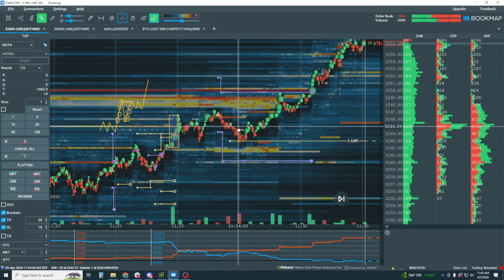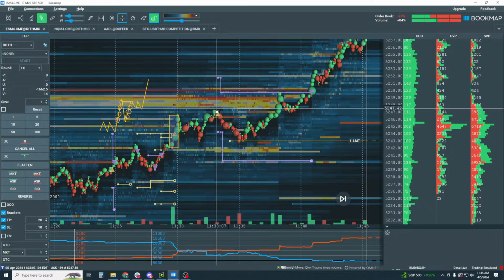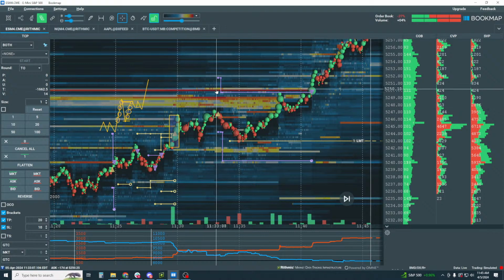That would be the midpoint, 45, let's call it. And then it went against me from 45 to 43, so it wouldn't have been 11 ticks. It would have been 2 points basically.